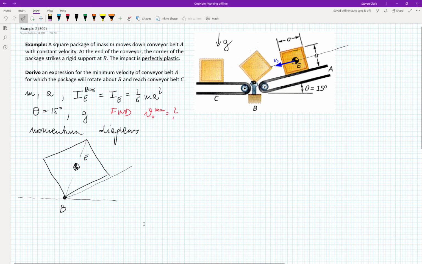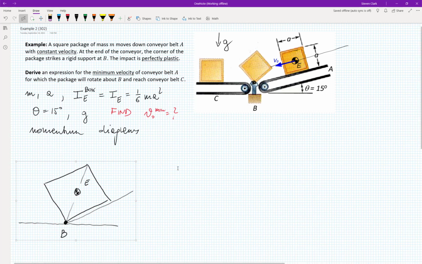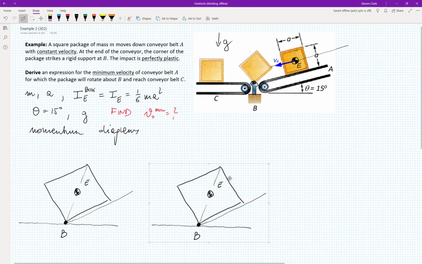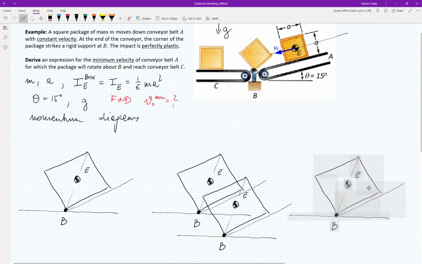Okay, and I will copy this drawing twice. I'll copy it here, and I will also copy it here.